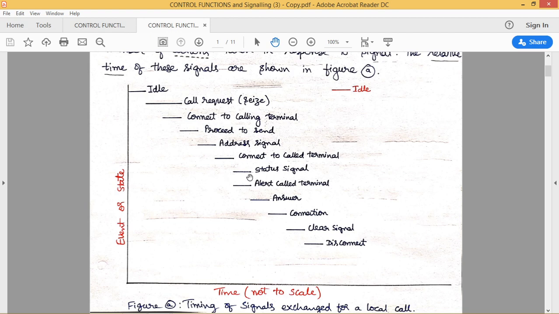Once the status signal is received, as well as once the connection is established, an alert signal is sent to the called person.